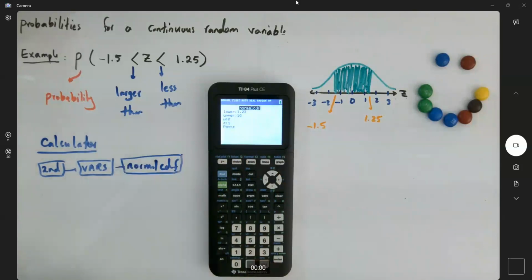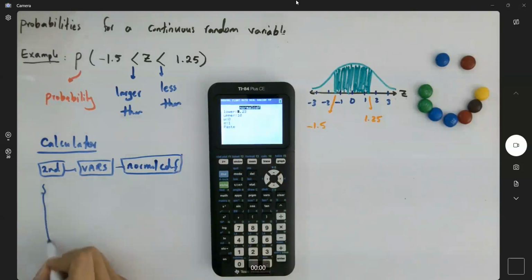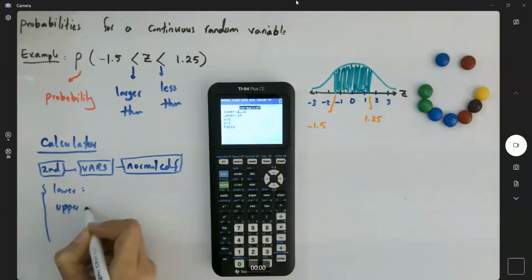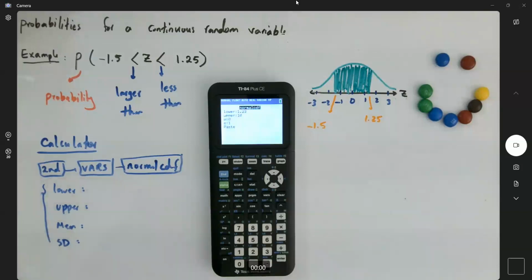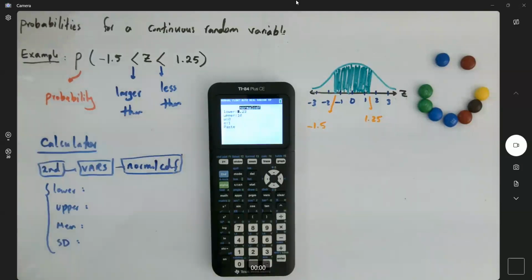Okay. So we want to know what is the lower limit, what is the upper limit, am I right? Lower limit, upper limit, and the mean and the standard deviation. These are the pieces of information that we need to derive from this information here.